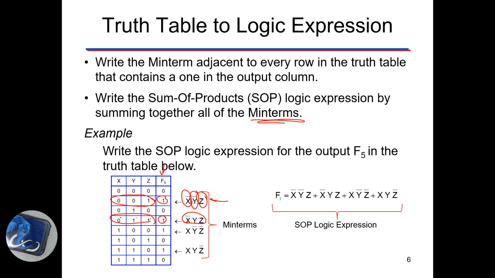You've got this one, this one, this one, and this one. And you're going to find all your minterms for those 1s. Everybody following? Okay, it's not hard. It's just something you have to be able to know how to do so that you can make sure this is how we're going to make our circuits eventually. Okay, so on the next setup right here, we have X, Y naught, Z naught, and here's X, Y, Z naught.